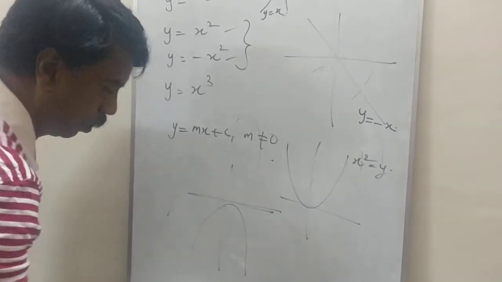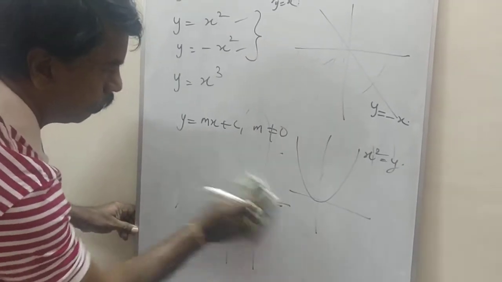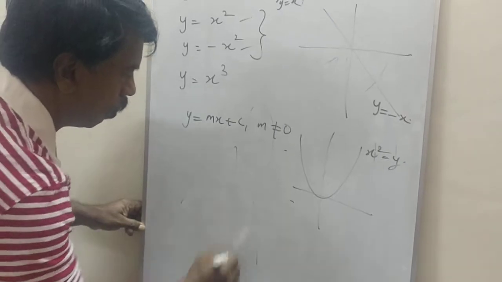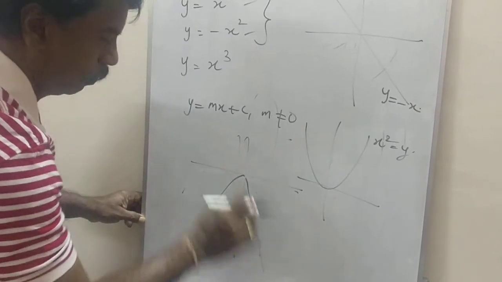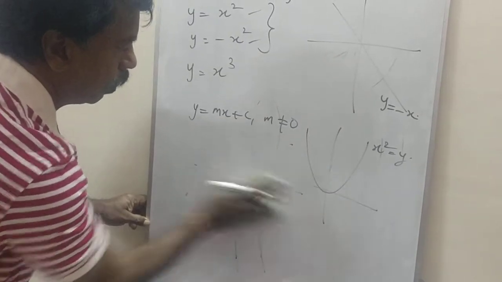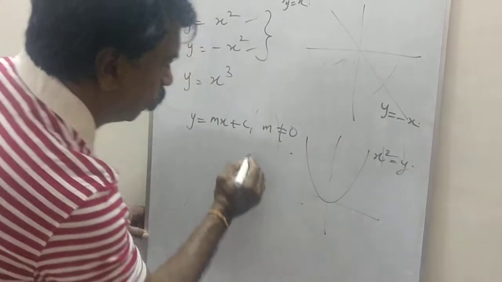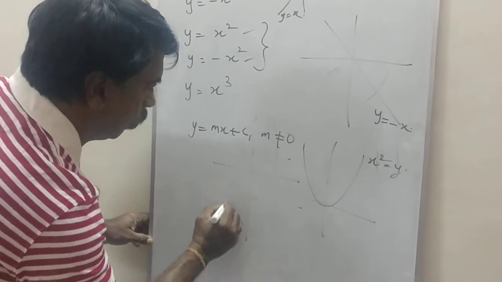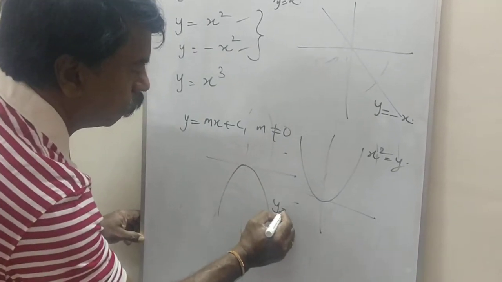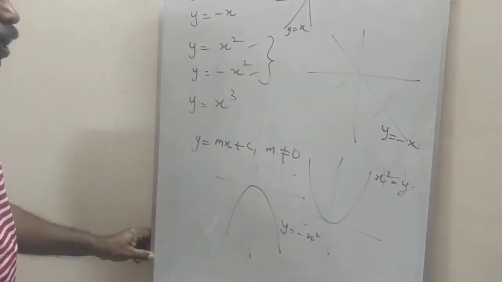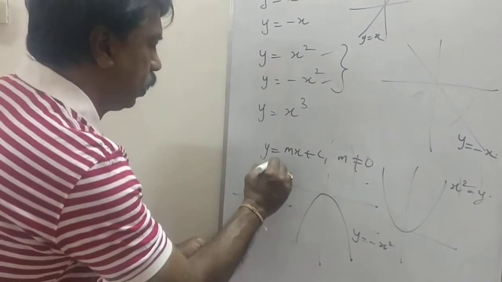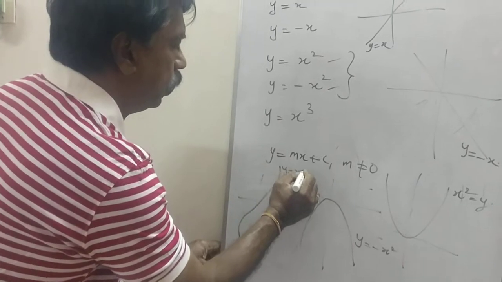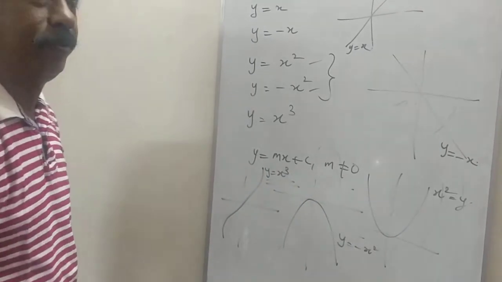It will pass through the origin. This is y equal to x squared. This is y equal to minus x squared, and this is y equal to x cube, the cubical function.